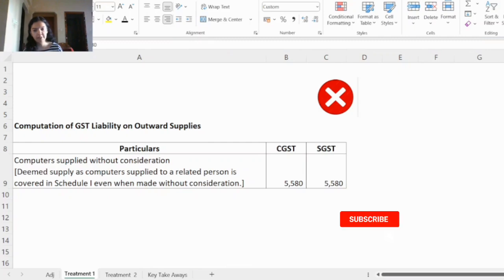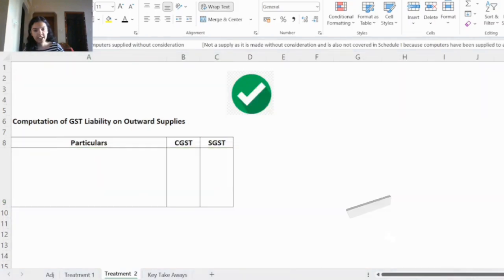This also doesn't apply in this case because under the CGST Act, a sibling is treated as a family member only if he is dependent. However, in this case, Rishi's brother is a well-established independent architect. So he isn't a related person. So this treatment is wrong. Now let's see the correct treatment.